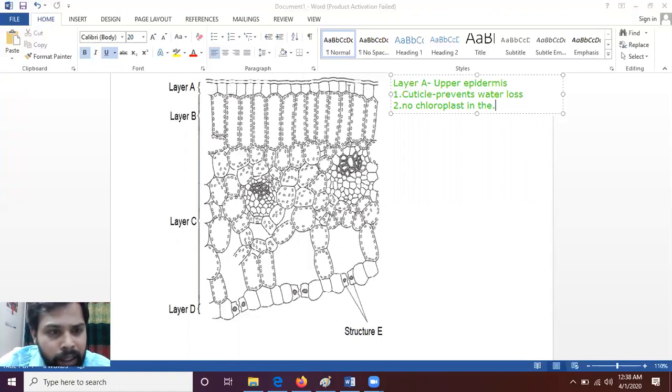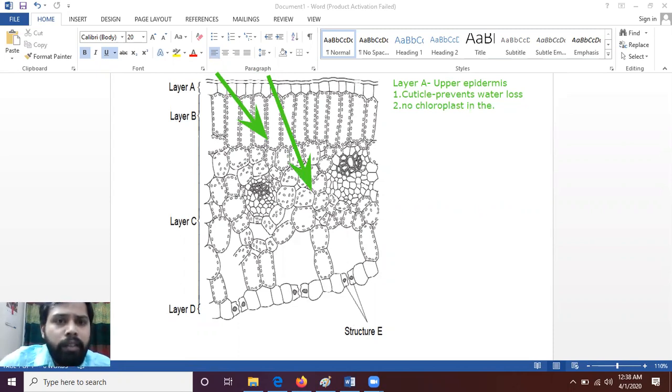It's fully empty. There's an advantage to this. Because if you don't have chloroplast here, the sunlight can travel through it and come into layer B or layer C as well.